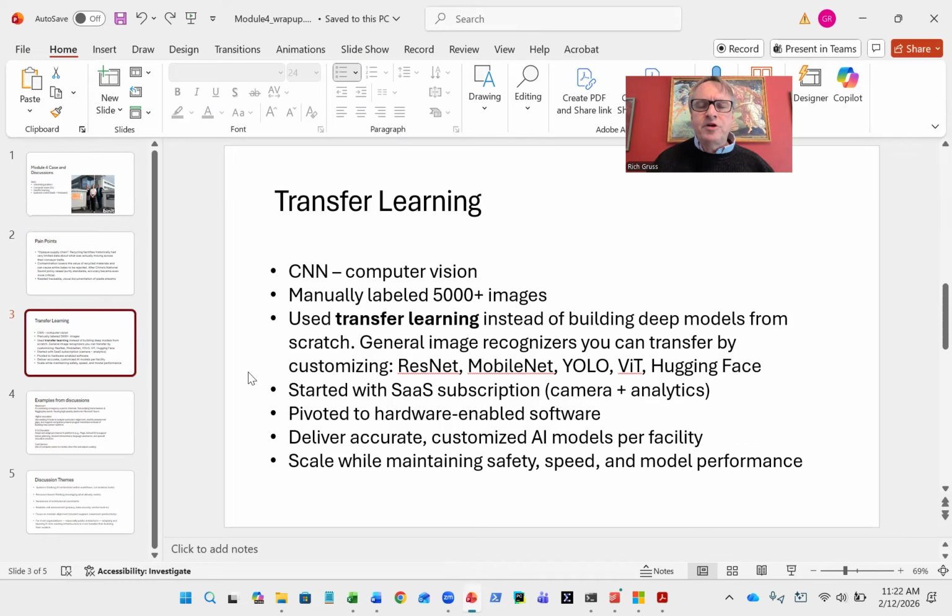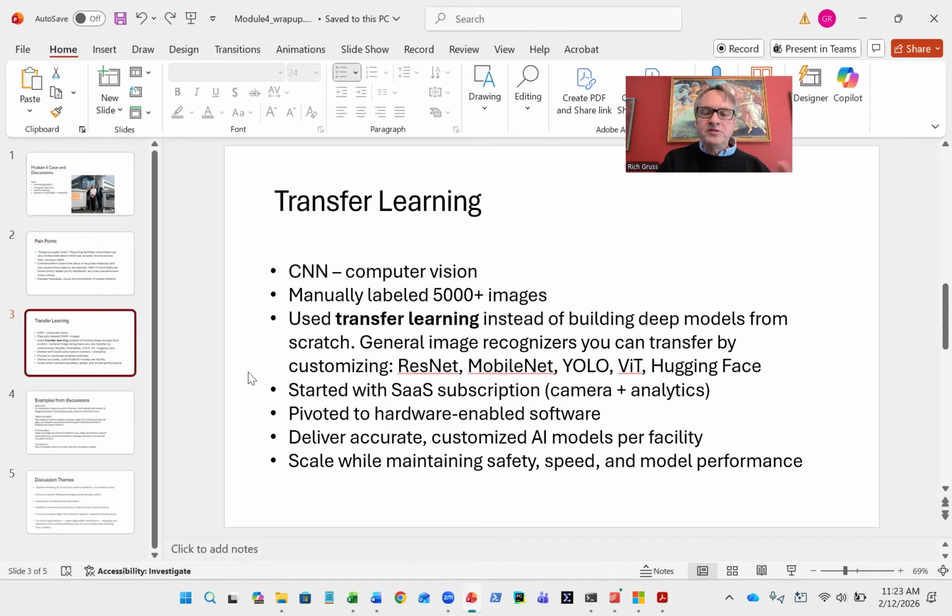You start off with a base object classification model like ResNet, MobileNet, YOLO, ViT, Hugging Face, and there are some in TensorFlow also. And then on top of those, you retrain them. You adjust the weights of those models according to the new data that you train on.